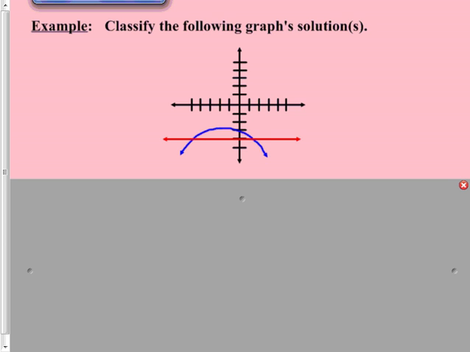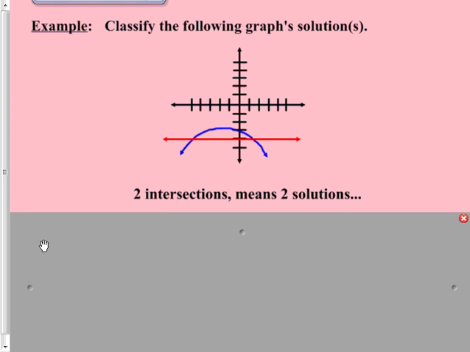We also have graphs that do intersect each other. So what is the term that we use for having 2 distinctly different graphs? And what is the term that we have for graphs that do intersect each other? 2 intersections means 2 solutions.